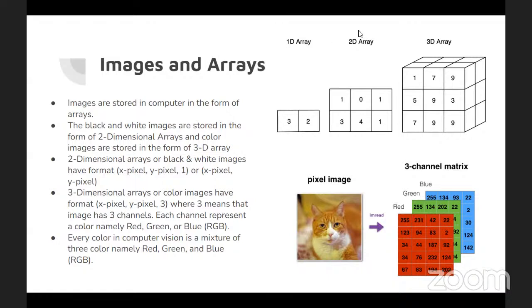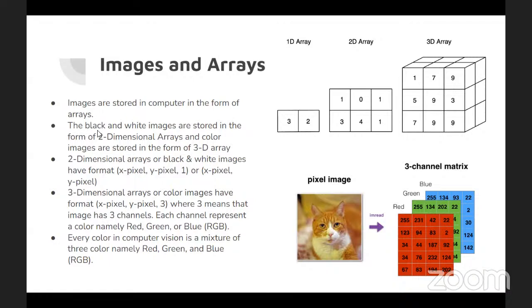Our images are stored in a 2D array if it's black and white, and if it's a colored image, it is stored in 3D array format. We don't use 1D arrays as much, but we use 2D and 3D arrays for storing black and white images and colored images as well.